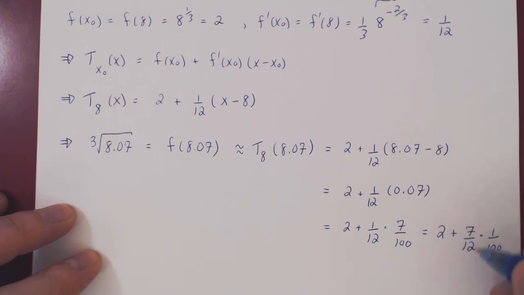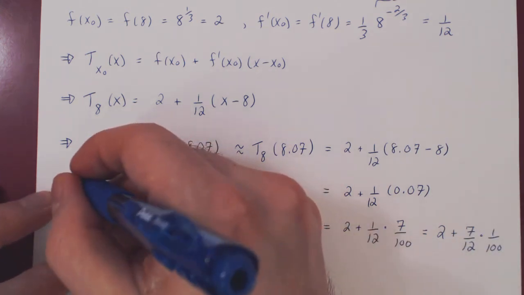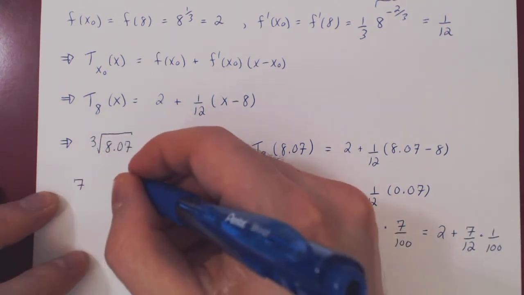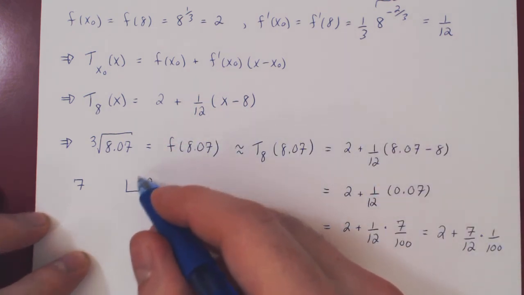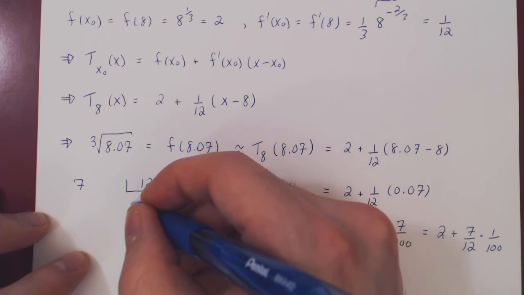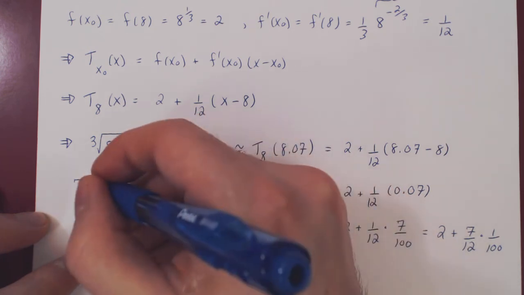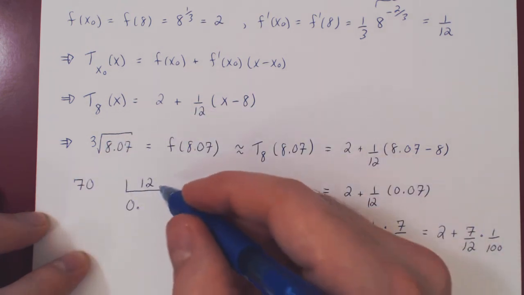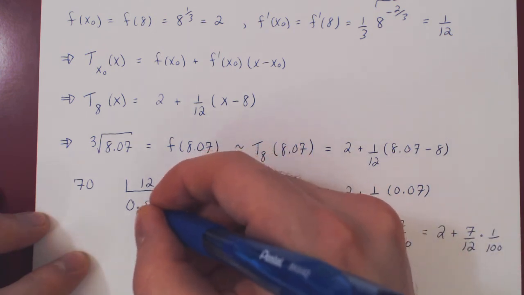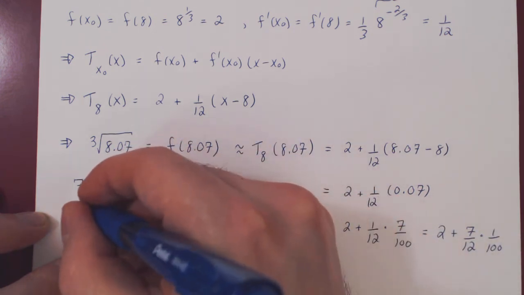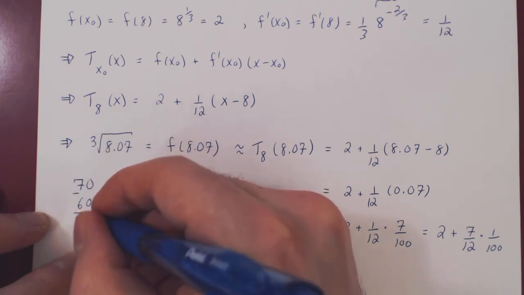So let's now do long division, dividing 7 by 12. Well, we can fit 12 into 7 0 times. We can fit 12 into 70 5 times. 5 times 12 is 60. We subtract, we get 10.